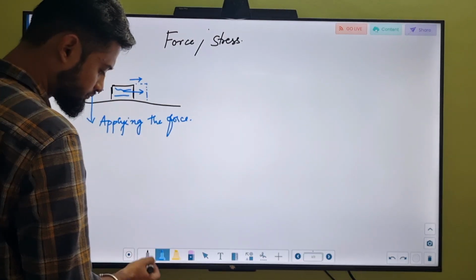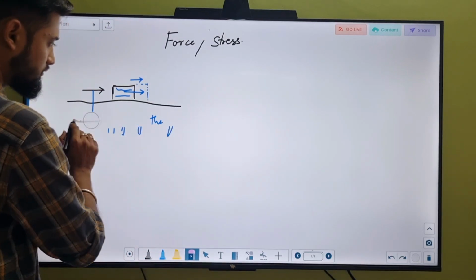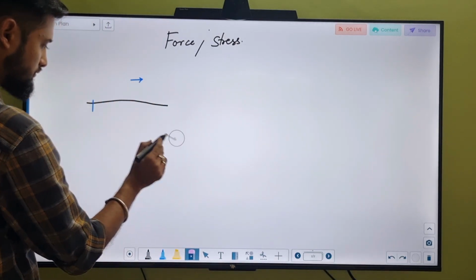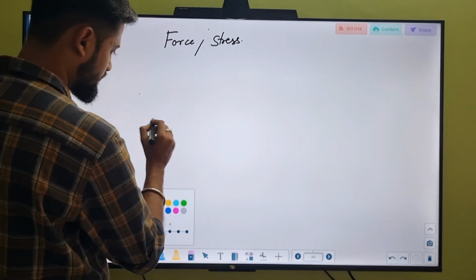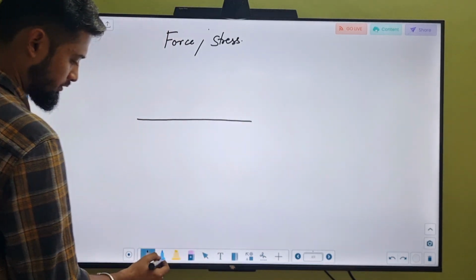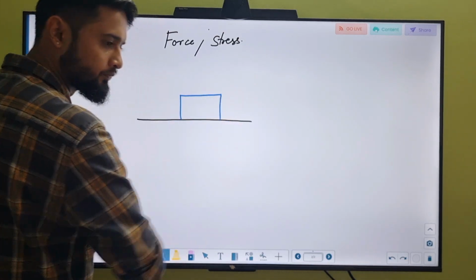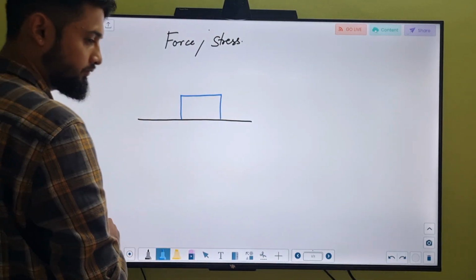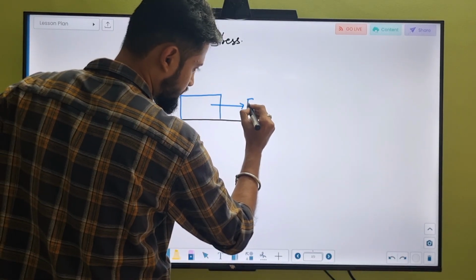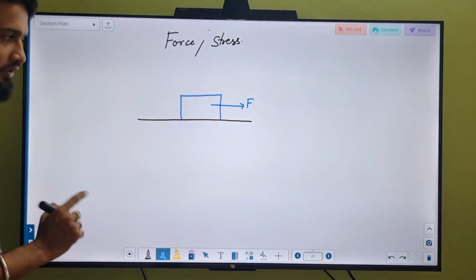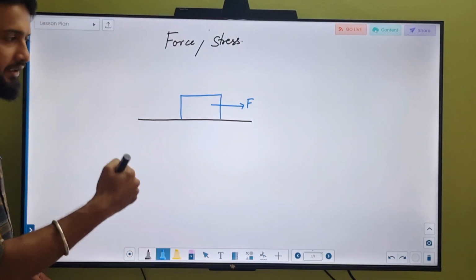Okay, so let us consider a different scenario here. I'm taking an object and I'm applying a force. Yes, but one more force is acting.